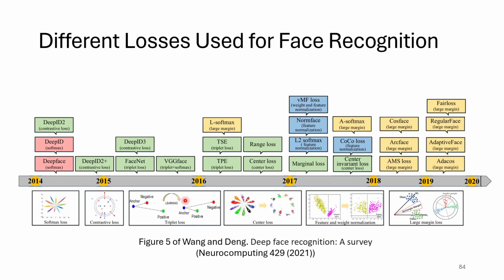And if they don't belong to the same person, their distance should be quite large. So there are different losses used for face recognition, so that they create new algorithms which generate better performance.